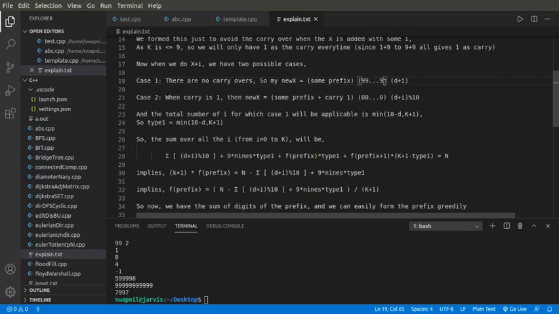And when f of prefix will be there, only the digit sum of the prefix will be there. There are type 1 such types, and when the digit sum of prefix plus 1 will be there, how many total cases of case 2 are there? The total number of case 2 is nothing but k plus 1 minus type 1, right?